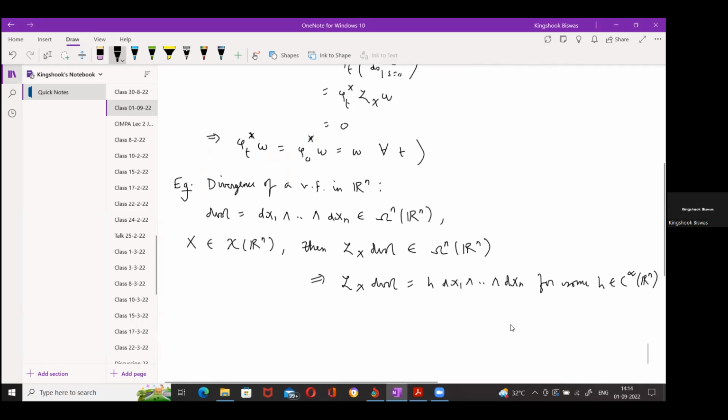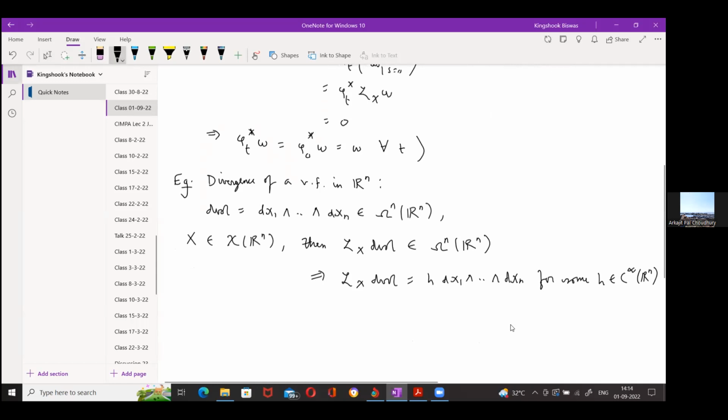Yes. So you define this function to be the divergence of X. So div X is defined to be this function h. Okay. All right.